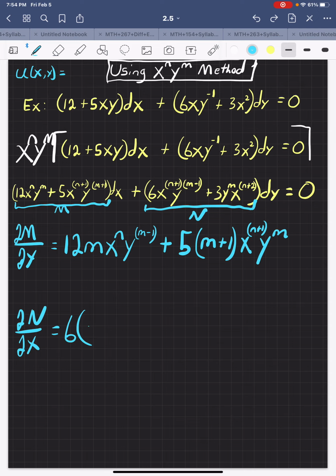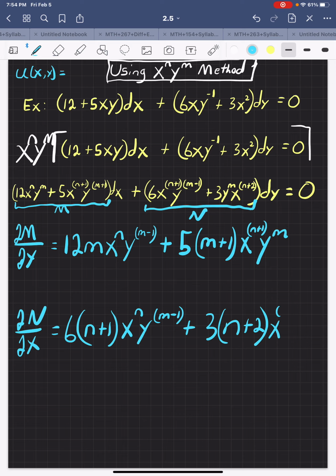So 6(n plus 1) x to the n, y to the m minus 1, plus 3(n plus 2) x to the n plus 1, y to the m. All right, so let's just verify that everything looks good.